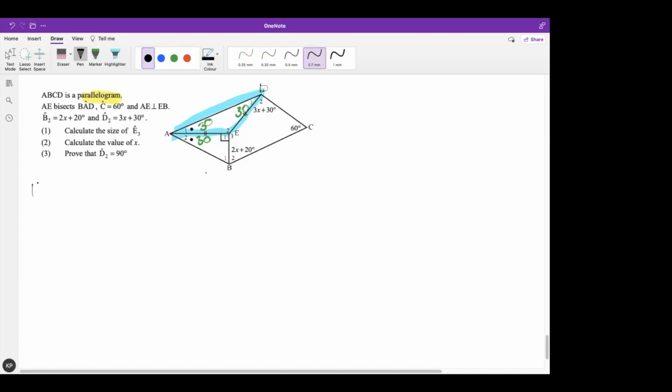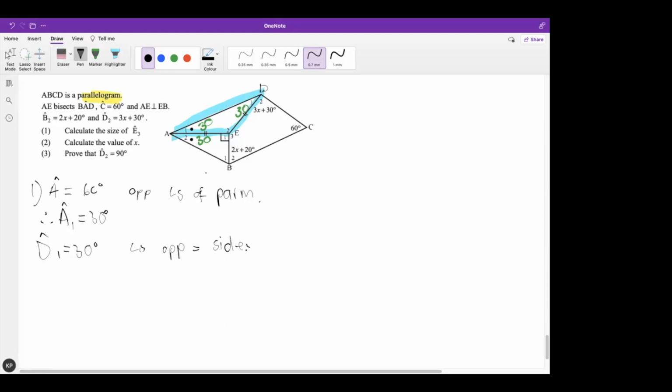Okay. So we said the whole of angle A is equal to 60 degrees because they are opposite angles of a parallelogram, right? Therefore, A1 is equal to 30. Then we said D1 will also be equal to 30 degrees because these are angles opposite equal sides.